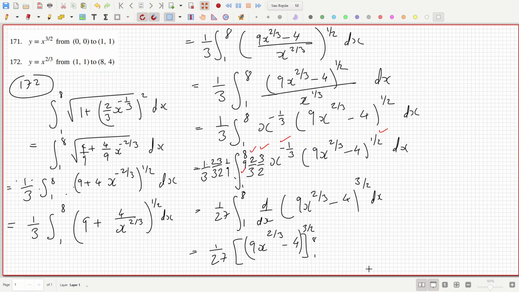Close. Must have made some small mistakes somewhere. The 2's cancel, the 3's cancel. That's 27. 6.7. And then if you put the 1 in, that's 5 to the power 3 over 2. That's also a decimal. But well, something went wrong.